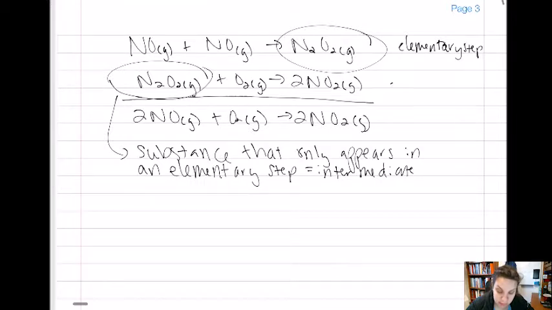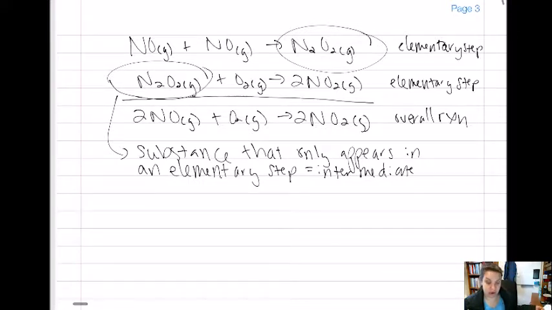This would be an elementary step. And then this would be the overall reaction, what chemical equation you are used to seeing with no intermediates within there. The intermediates themselves are short-lived and they're made by one reaction, consumed by another.